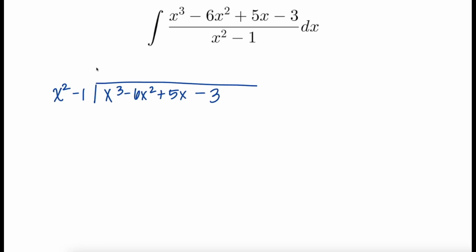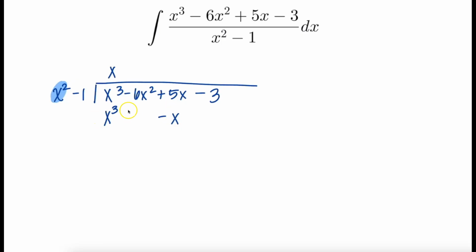And let's recall how this works. We focus on that first term in the divisor, and we think about what do we multiply x squared by to get to x cubed? That's going to be part of the quotient, so just x. Times x squared is x cubed, we put it directly under the like term, and then we multiply x times negative 1, which is negative x, and we put it under the like term.